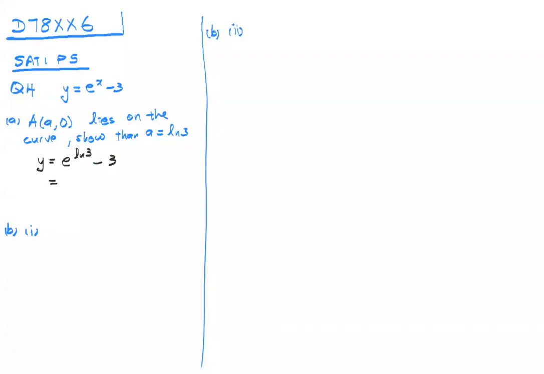Okay, so this is the thing that all of you better remember, this formula. e to the power of a ln b will be equal to e to the power of ln b to the power of a, and this is b to the power of a.